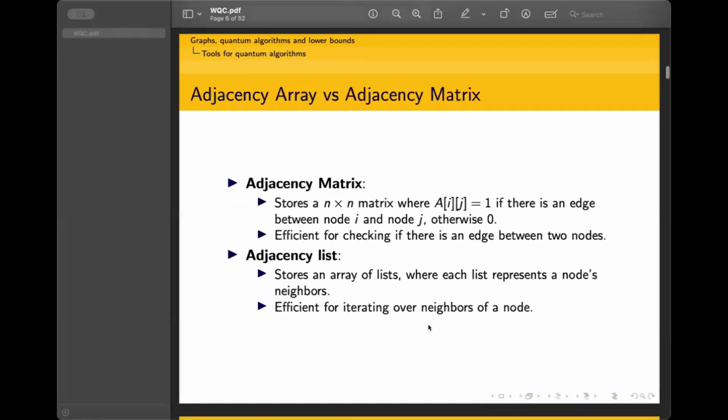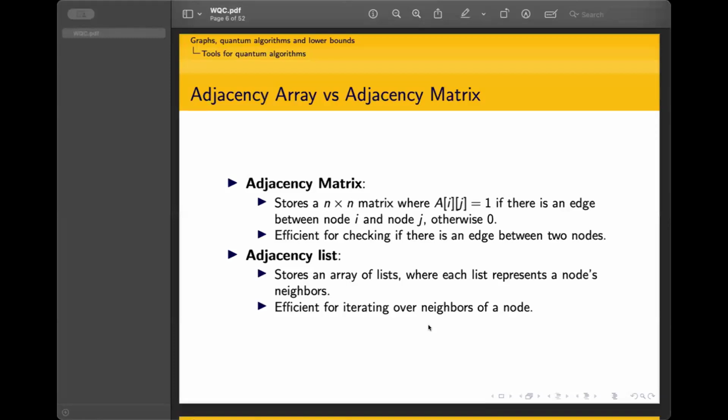Okay, so the input for graph problems is usually given as an adjacency matrix of the graph or an adjacency list of the graph. An adjacency matrix is just an n by n matrix corresponding to the vertices in the graph, and the entry in the matrix is one if there is an edge between the corresponding nodes i and j, right?